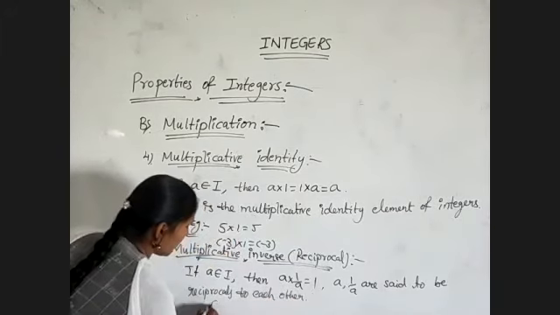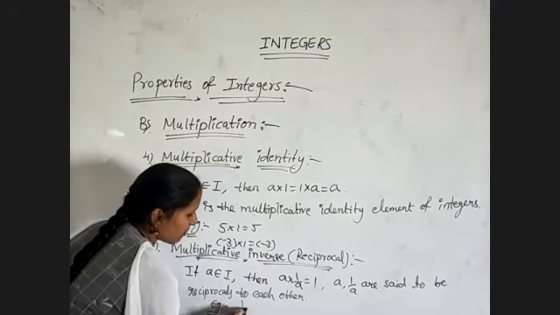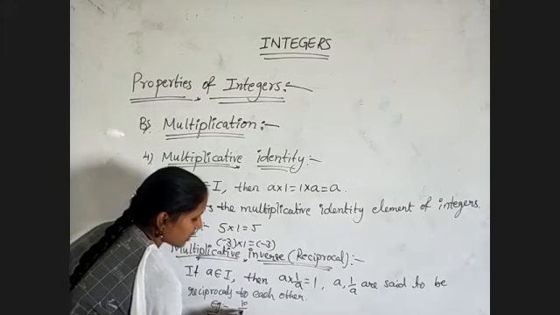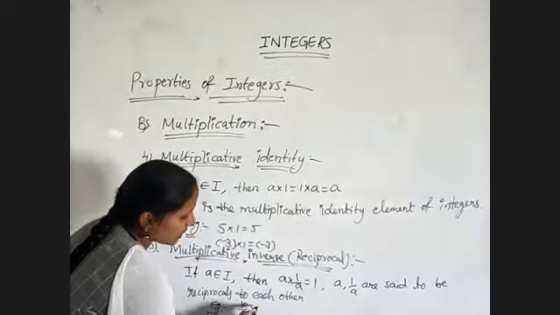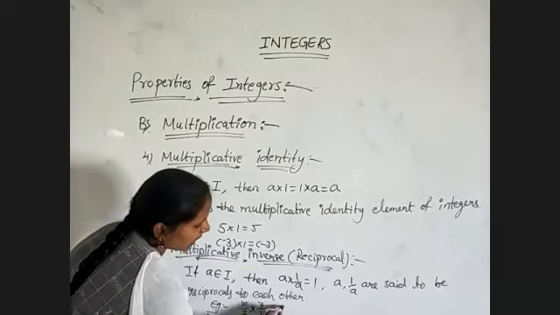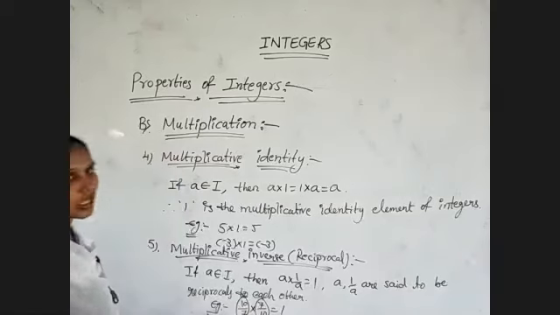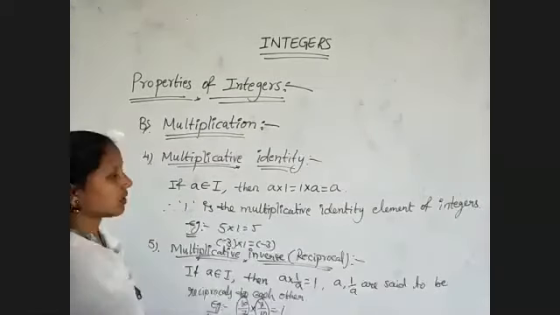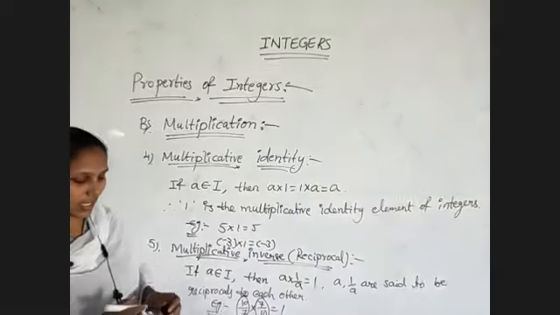For example, I have 10 by 7. Now I want to take 7 by 10, then only I will get the product 1. So 10 by 7 and 7 by 10 are both reciprocals of each other. These are the different properties we have studied for addition.